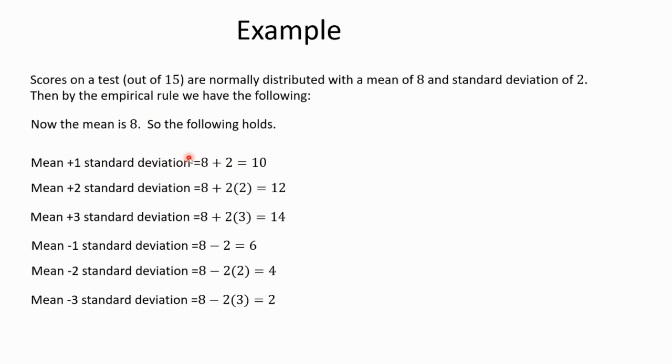We have the mean plus 2 times the standard deviation, 8 plus 2 times 2, which is 8 plus 4, which is 12. Then the mean plus 3 times the standard deviation, so 8 plus 3 times 2, which is 8 plus 6, which is 14.